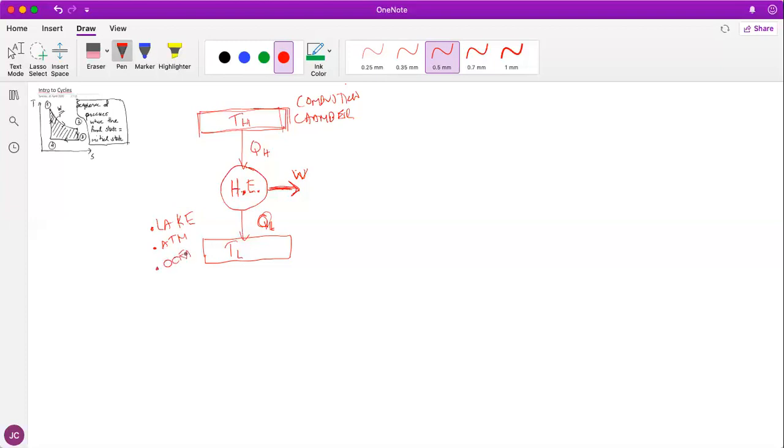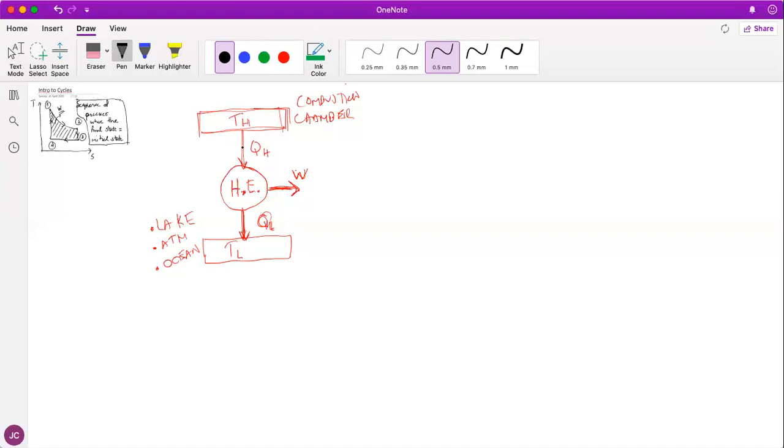Maybe you use the ocean as a heat dump, somewhere to dispose of the heat that you are not using. So this is actually what happens in a power plant. A power plant takes heat from somewhere. I told you about a car engine, but it could also be the same schematics for a power plant.